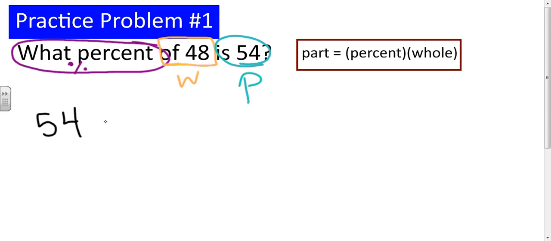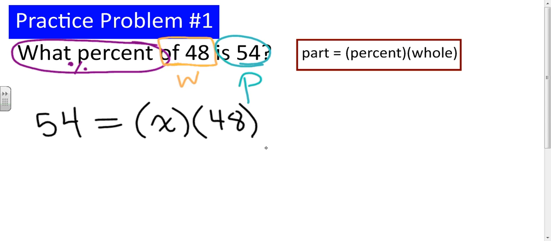And part equals percent times the whole. The percent is what I don't know. So I'm going to call that x times the whole, which is 48. And of course, I could have written it just like this, 48x. I just switch the order around. And I can divide both sides by the coefficient 48 here.